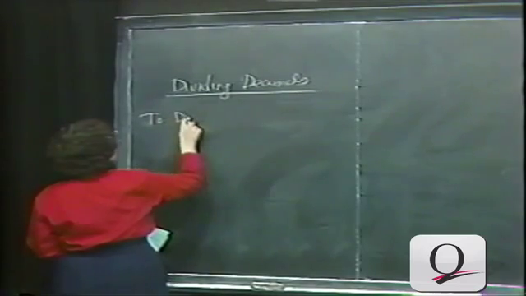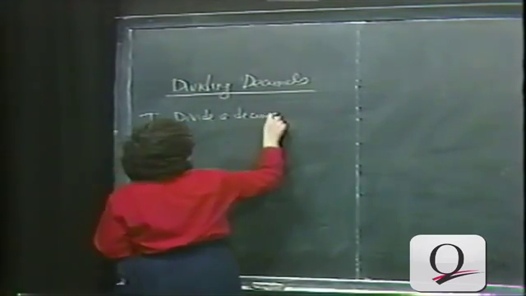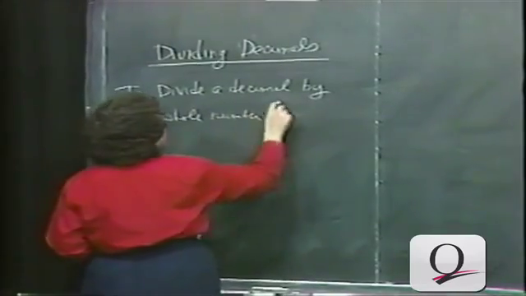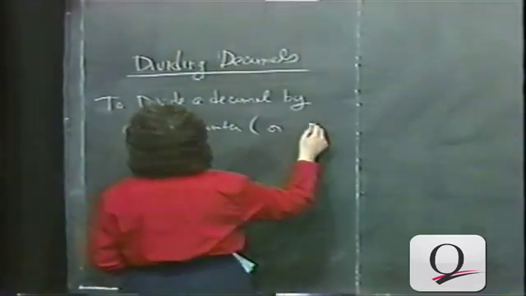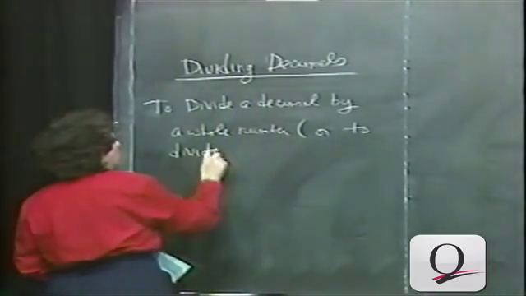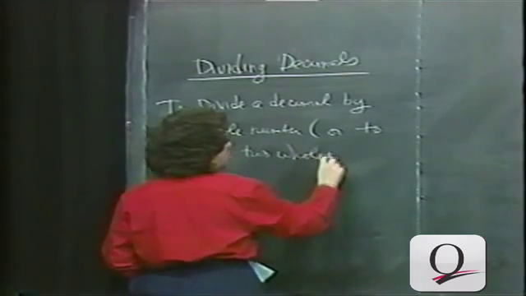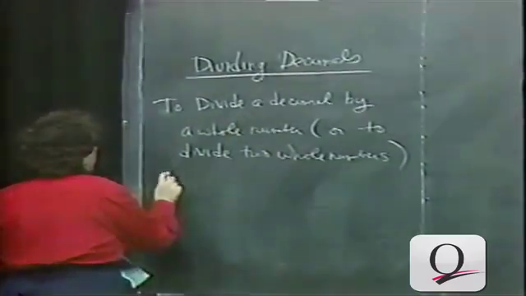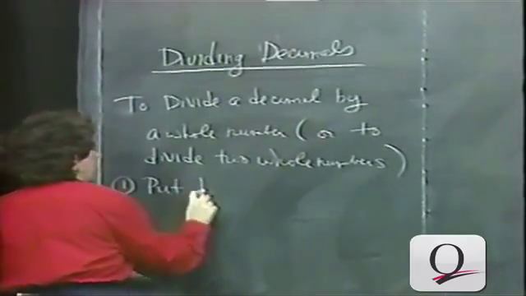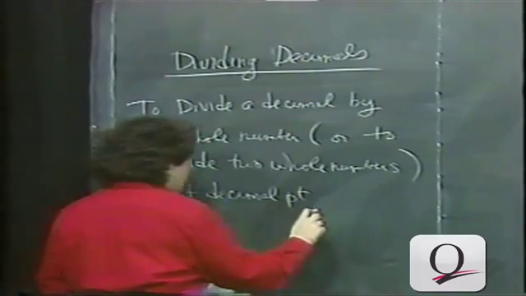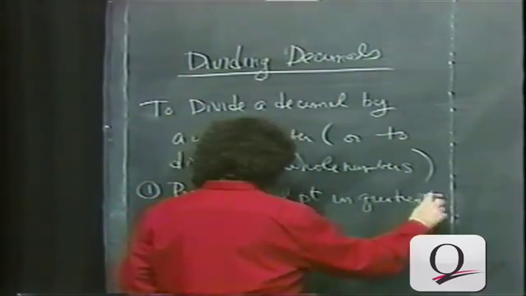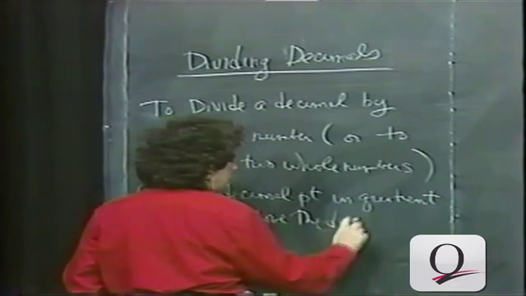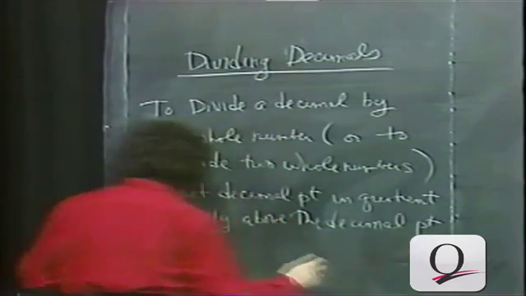First of all, to divide a decimal by a whole number, or to divide 2 whole numbers, we will follow the following rules. 1, we will put the decimal point in the quotient directly above the decimal point in the dividend.